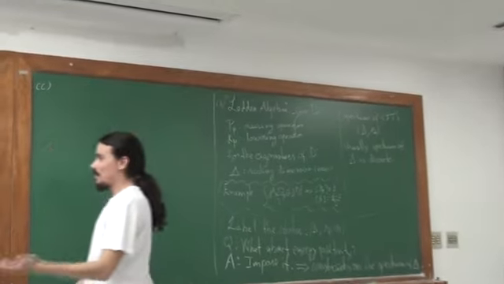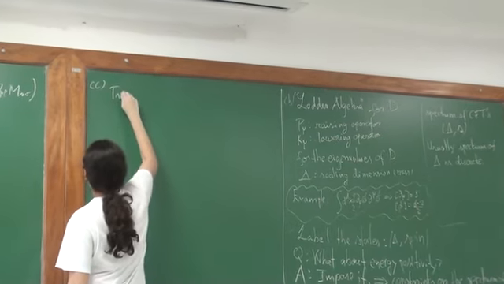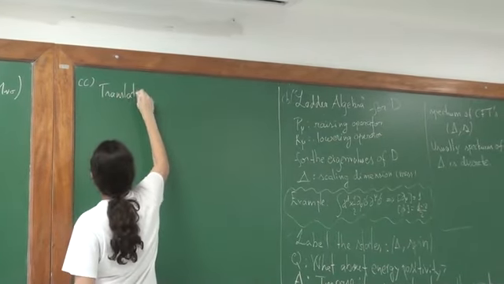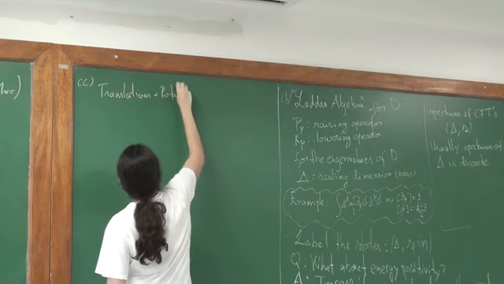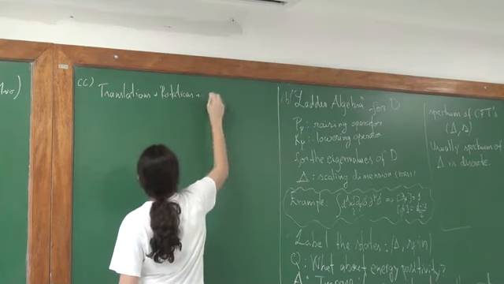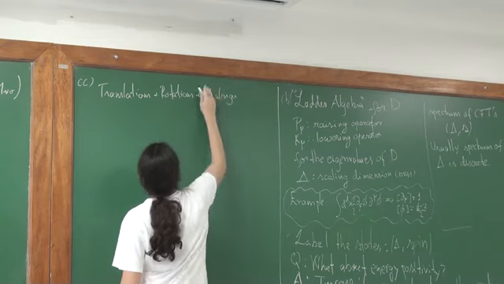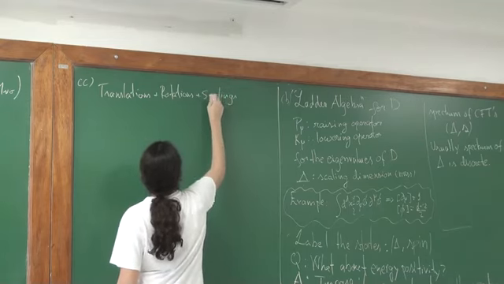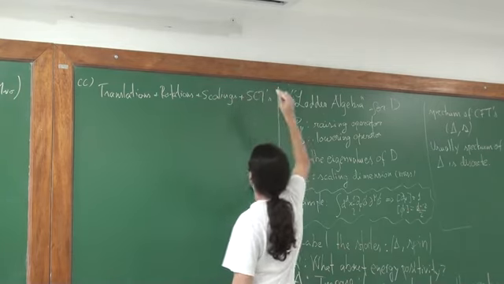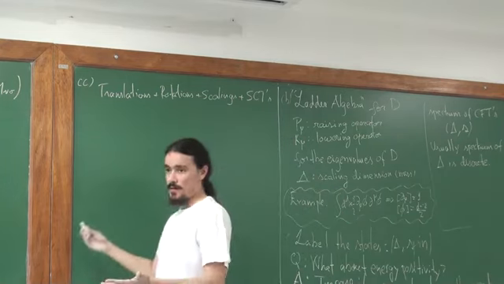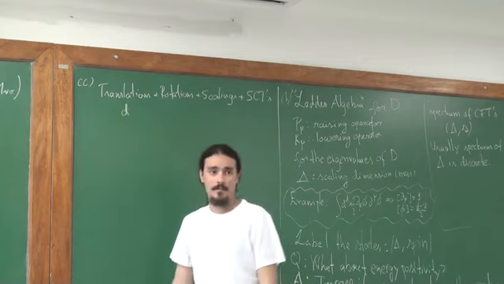So let's count the number of generators. We have translations, plus rotations, plus scalings, plus SCTs. Okay, so in D dimensions, we have D translations. It's just a vector.